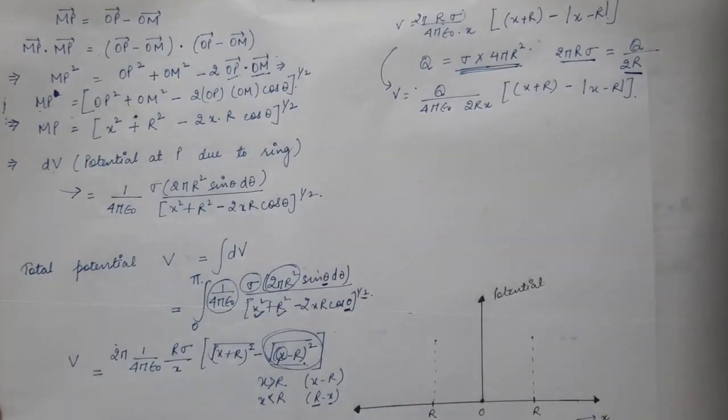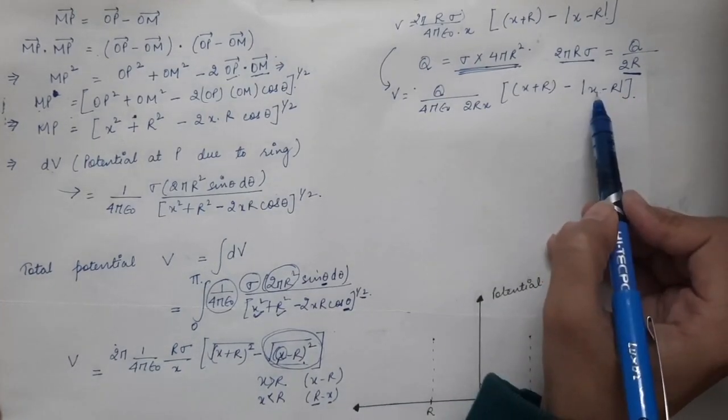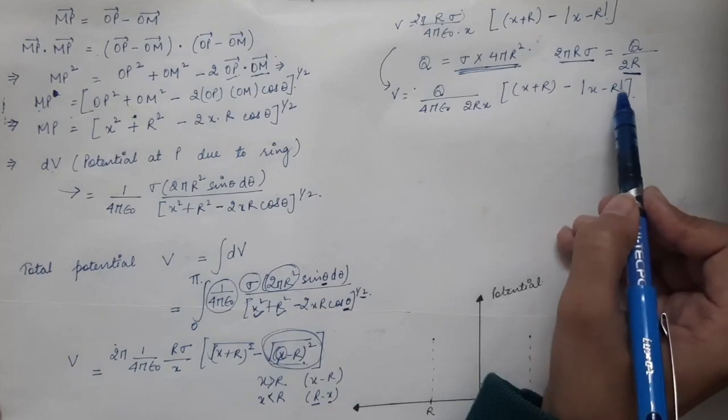So first of all we are going to find out the potential when the observation point is outside the shell.